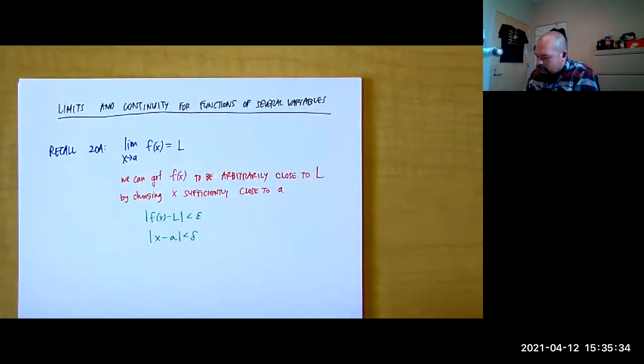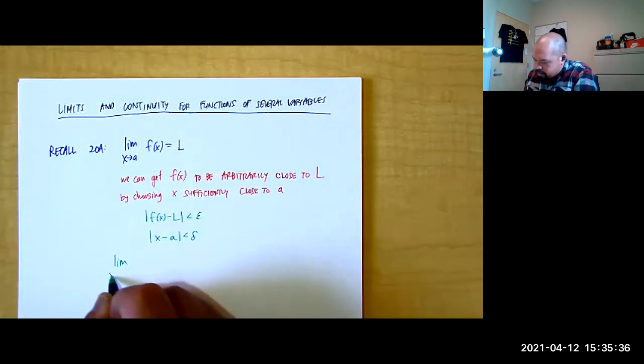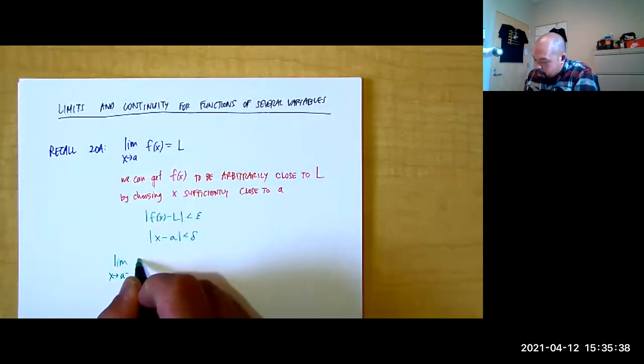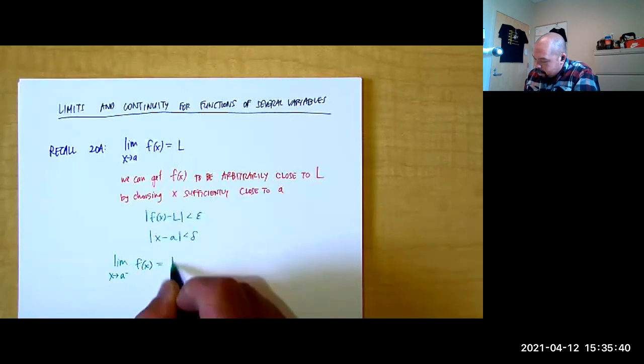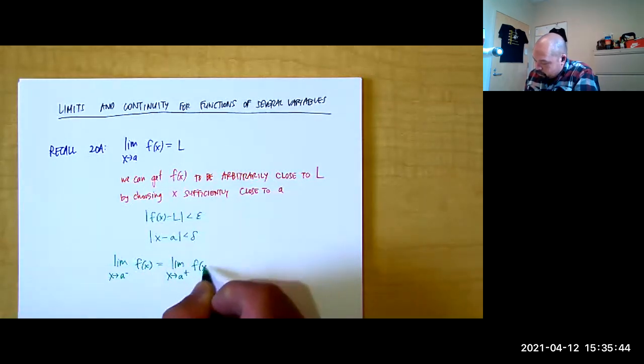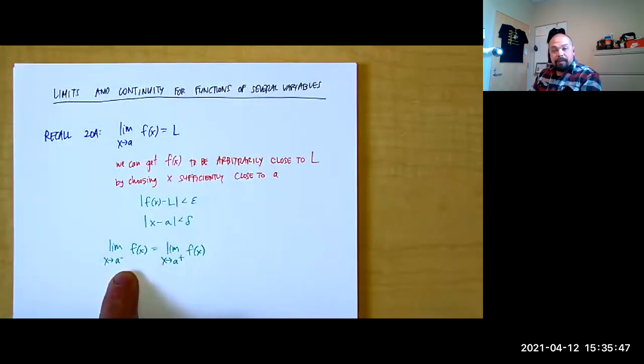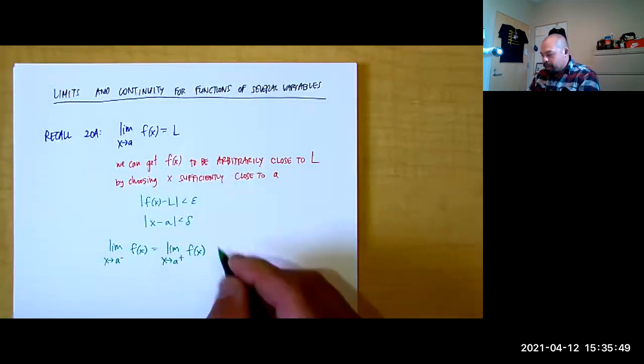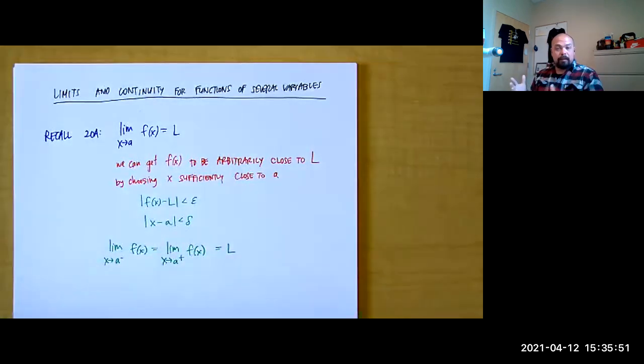And so that was one of our key discussions, at least I made it key in my work before, is that we need to make sure the limit from the left matches the limit from the right to give us that value L in order for that limit to exist, okay?